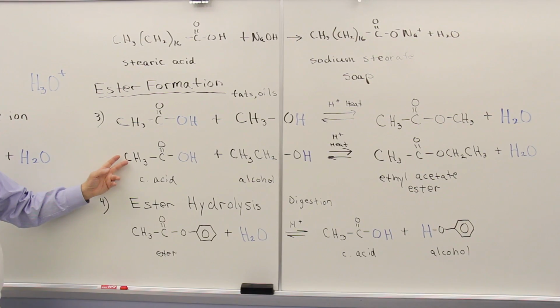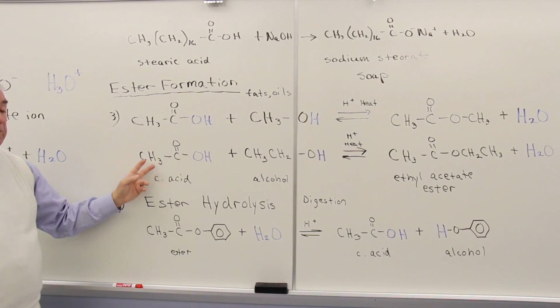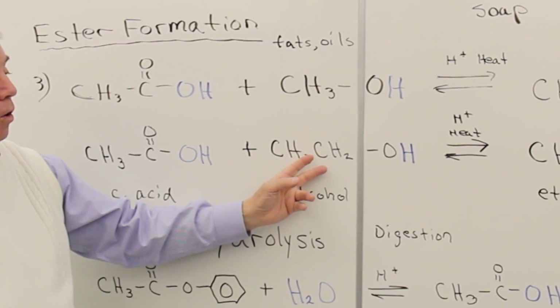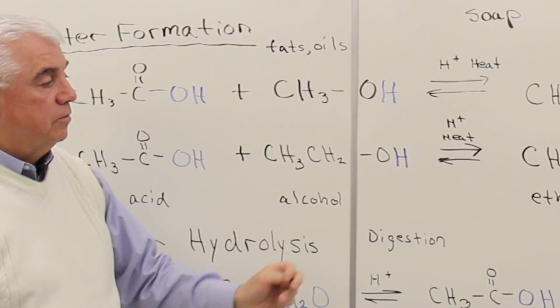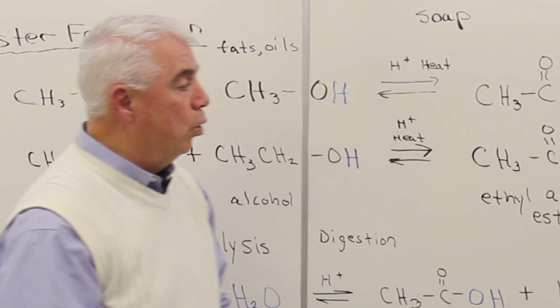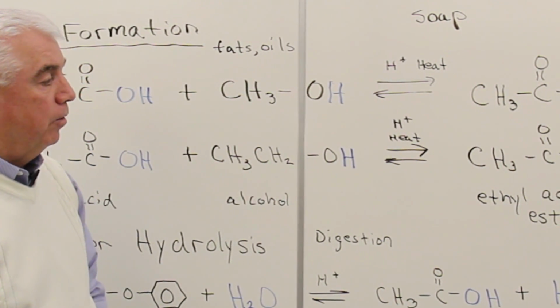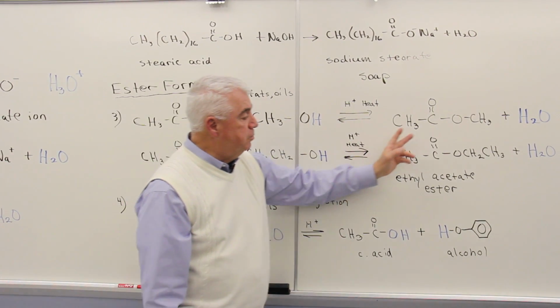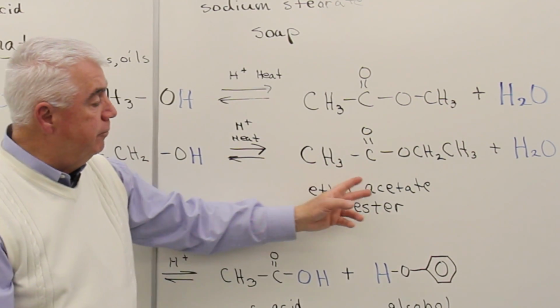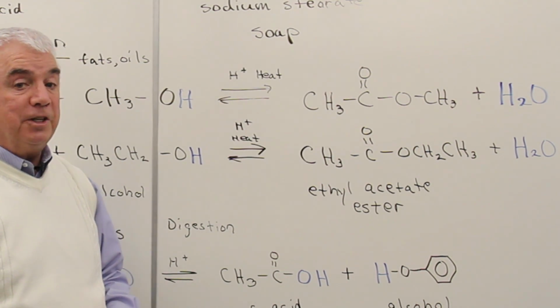Here's another example of that. I've got the same carboxylic acid, this time a 2-carbon alcohol. So we'll get a 2-carbon group over here in the OR group, O-ethyl, instead of O-methyl up above. And I picked this particular one just so that I could mention that the common name for this material is ethyl acetate.